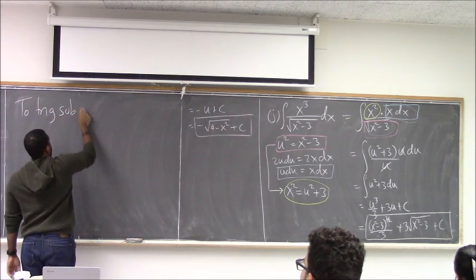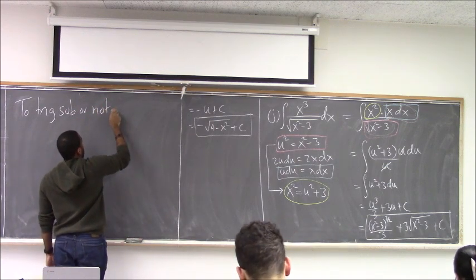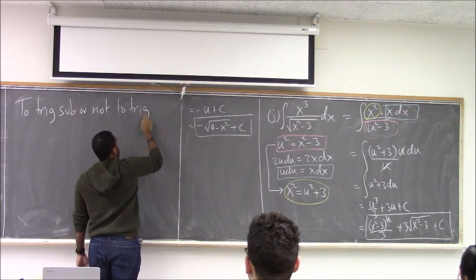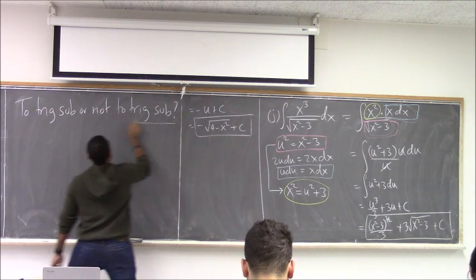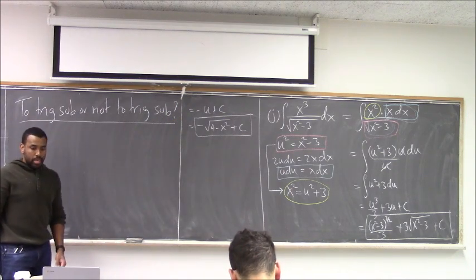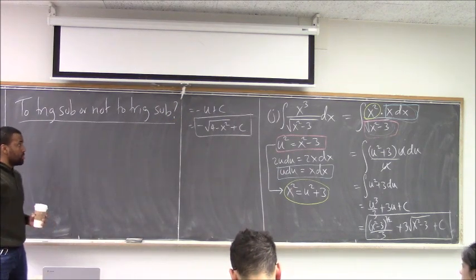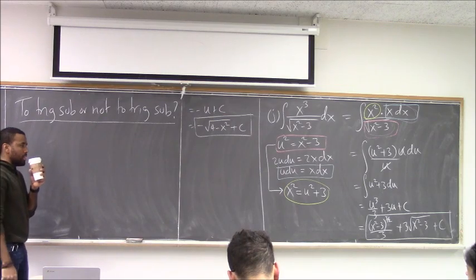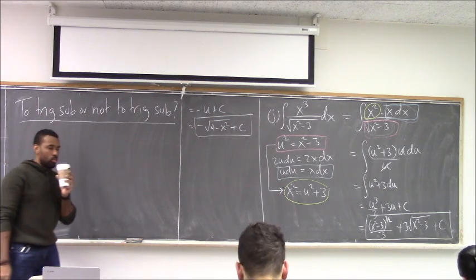Trig sub or not trig sub? That is the question. Based on all the examples we've done, and particularly paying attention to the last two, what would you say a rule of thumb would be?